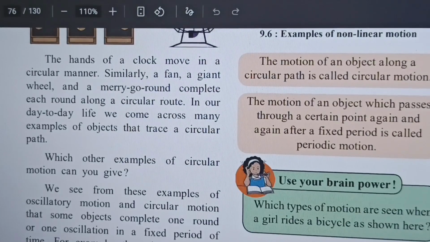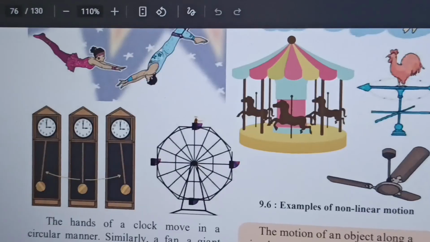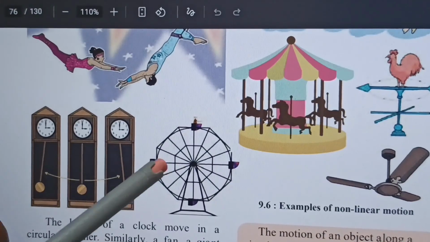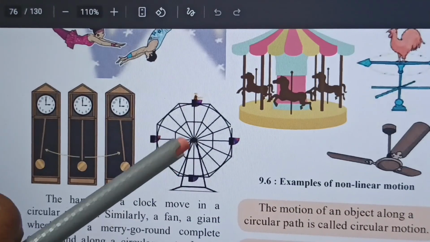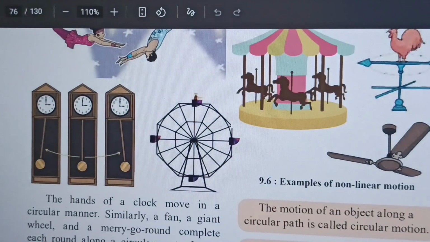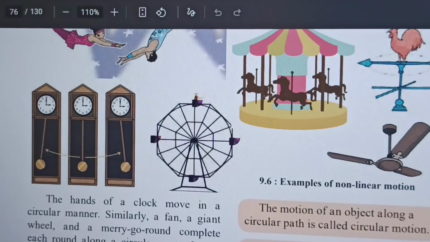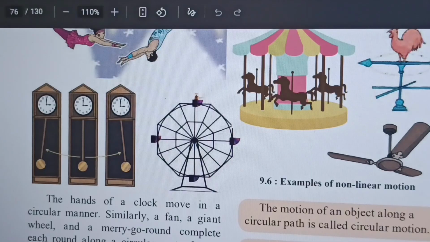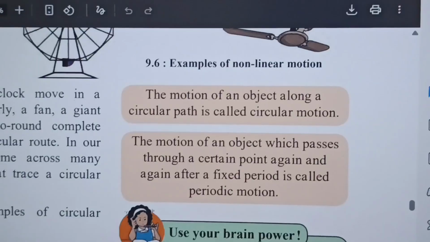A merry-go-round completes each round along a circular route. You can see here the examples: this is a giant wheel, and this is a merry-go-round. They move in a circular motion and come back to the same position in the same time. So this is called circular motion.